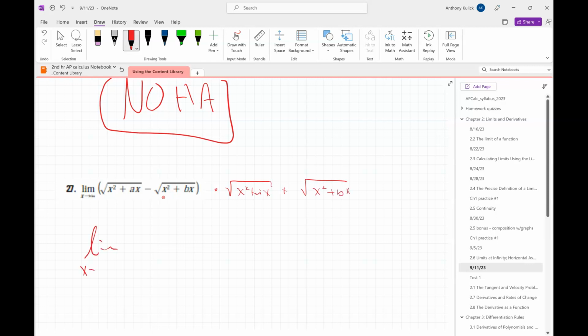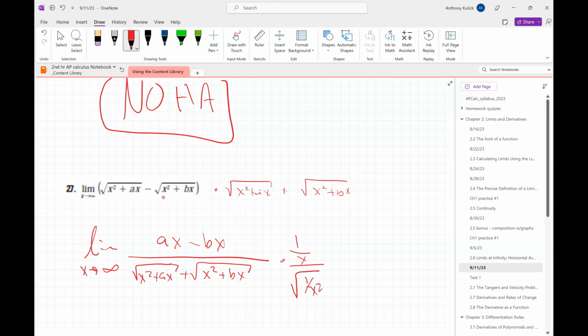So when I do that, and then I'd have ax minus bx up here. I simplified some stuff. So now if I multiply by 1 over x on top or the square root of 1 over x squared on bottom, how I'm going to think about 1 over x.